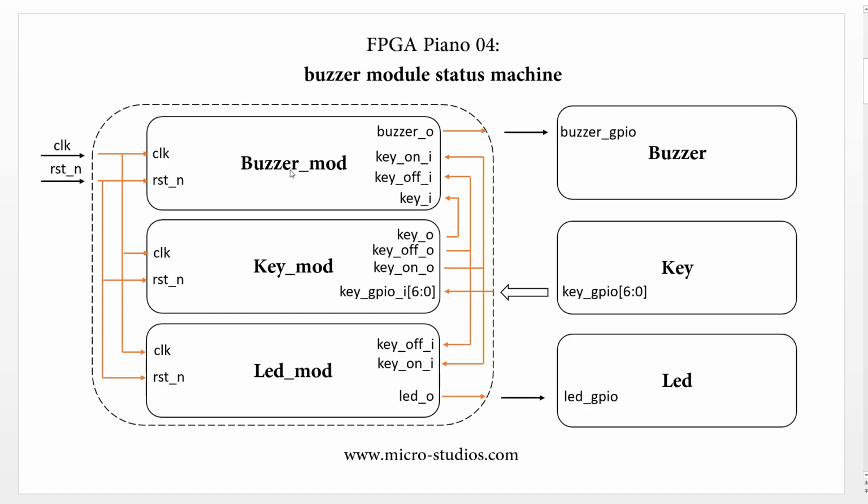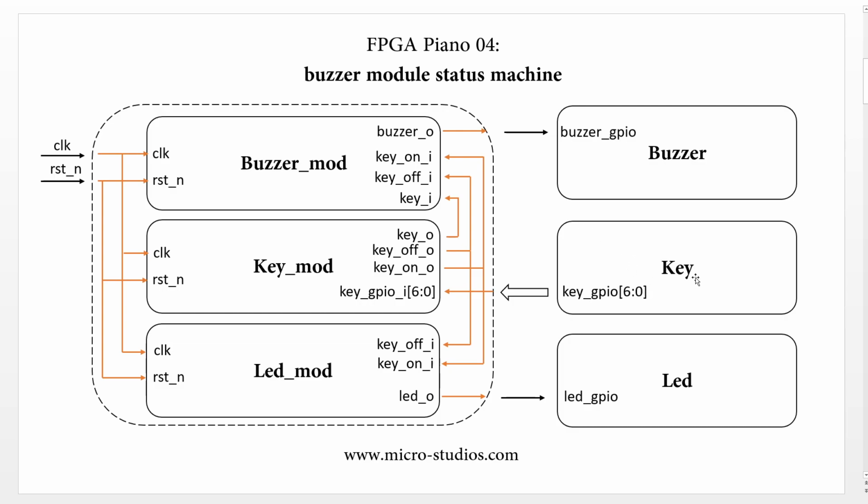For the buzzer module, you will see it only has one GPIO control, and the function for it is only to produce different sounds according to the different key values.